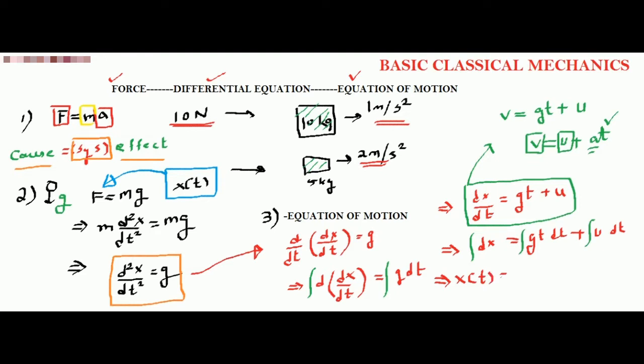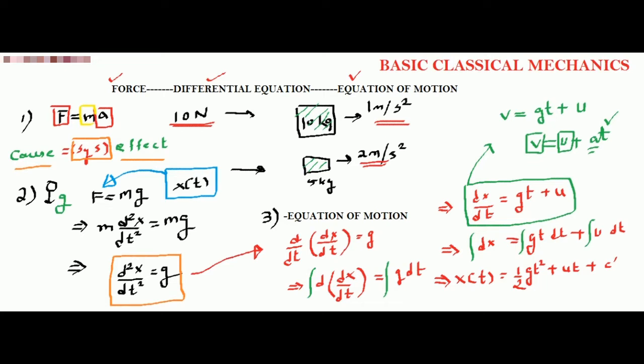So what is your first term? Your first term will be half g t square, because g is constant, it will come outside, and there will be an integration of only t. So the integration of t is t square by 2. What is the second term? It will be ut. And what is the third? There will be another integration constant, c dash. Now the question is, what is this integration constant?